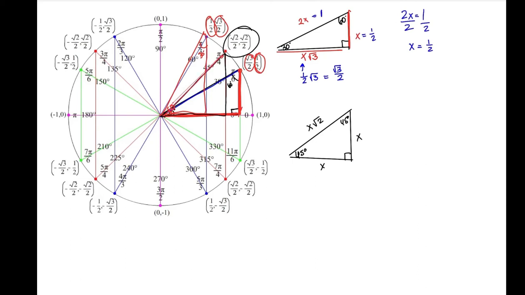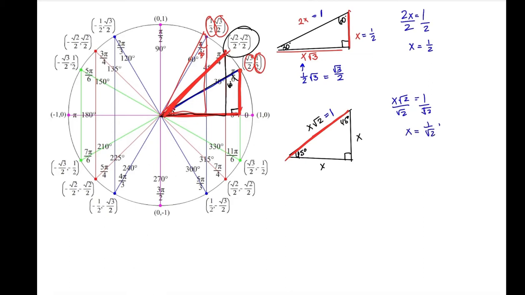This x root 2 side right here is the one that coincides with the radius of our circle. So that x root 2 is equal to 1 because on the unit circle, our radius is 1 unit in length. All right, I can do some solving if I have x times root 2 equals 1. Let's solve for x. I'm going to divide both sides by root 2. I have x equals 1 over root 2.